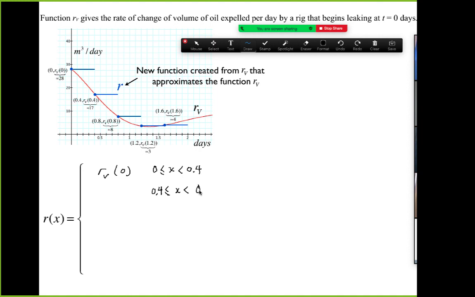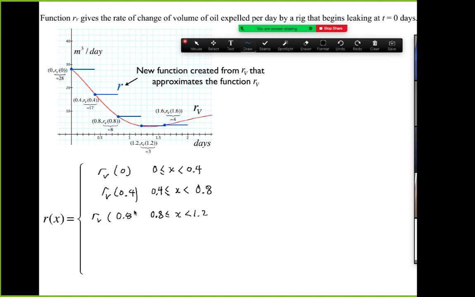from 0.4 to 0.8, and what will the rate be? R sub V of 0.4. Everyone agree with that? All right, so the rest is the same, right? Next, the third interval is from 0.8 to 1.2, and that's going to be R sub V of what? 0.8.